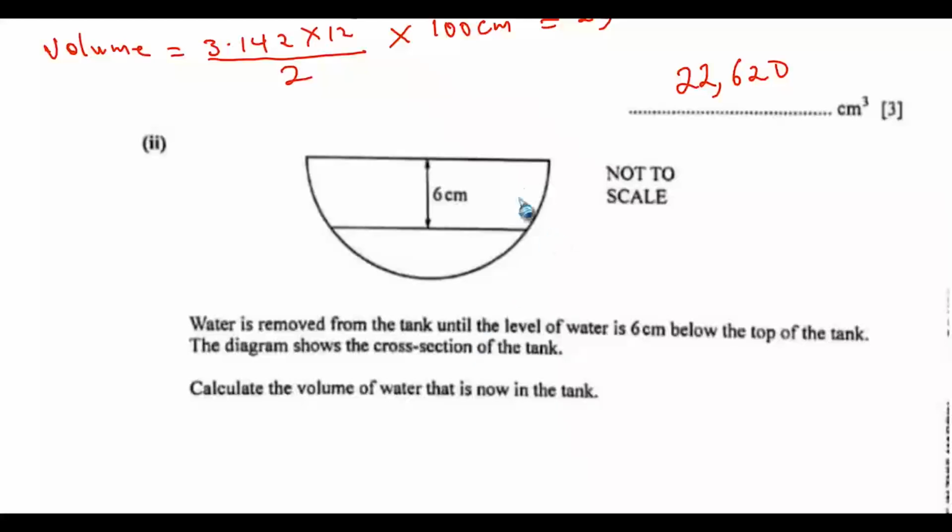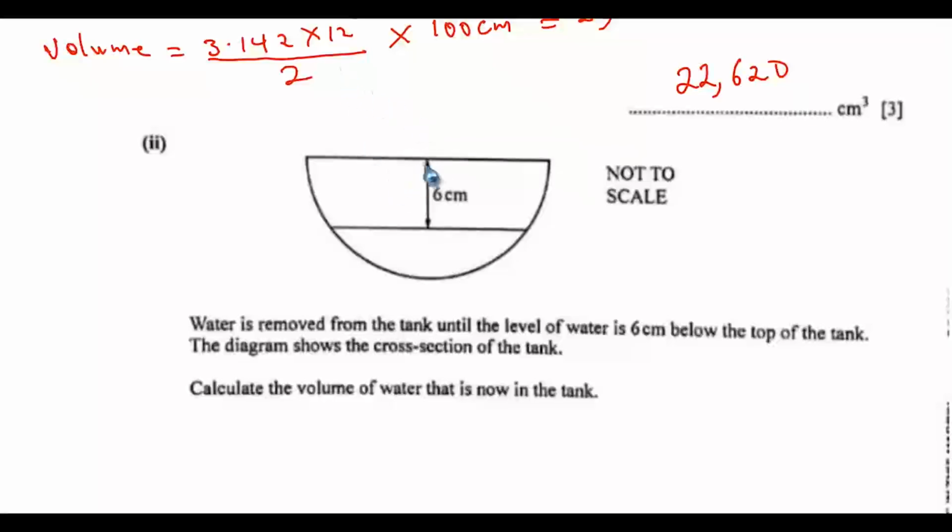So we need to construct some lines here. Don't forget that the radius is 12 centimeters. If you put a pair of compasses here and draw, any point from the center of the circle to the arc of this circle, to the circumference, will always be the same radius, 12 centimeters.